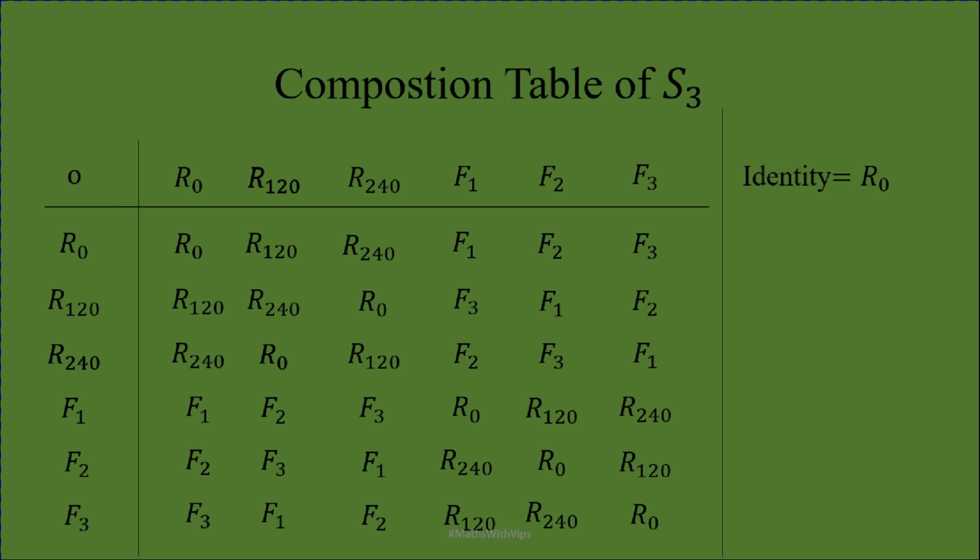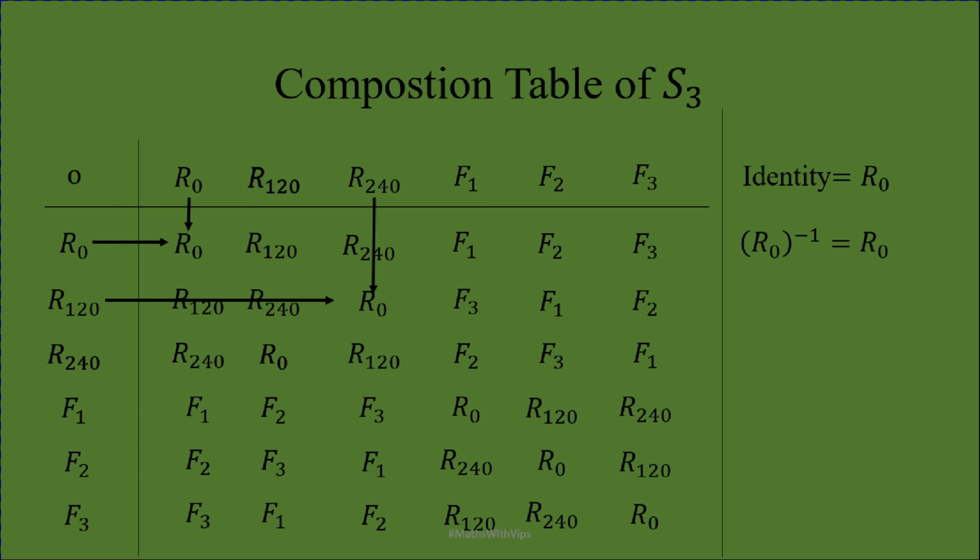Now moving on to the last one, that is existence of inverses. What we will try to do is observe that in each row and each column there is an R0 present. We are just going to match to figure out the inverse element. For the first one, R0 times R0 is R0, so we can say that R0 is the inverse of itself. Moving on to the next row, R120, we have an R0 under R240.